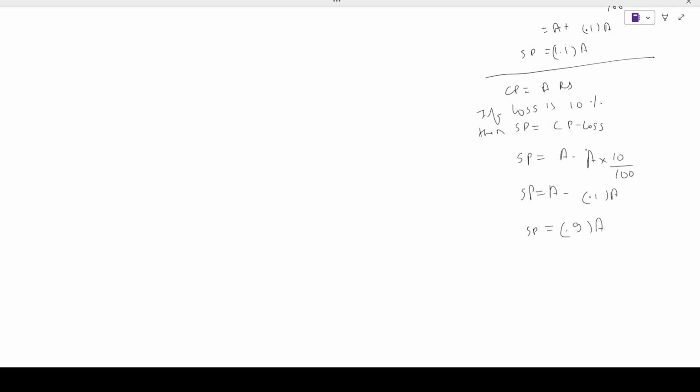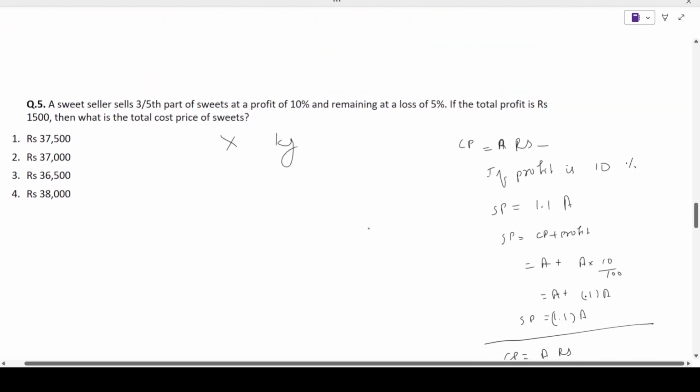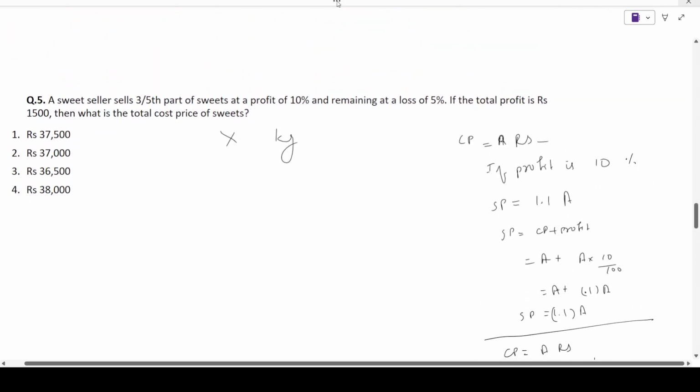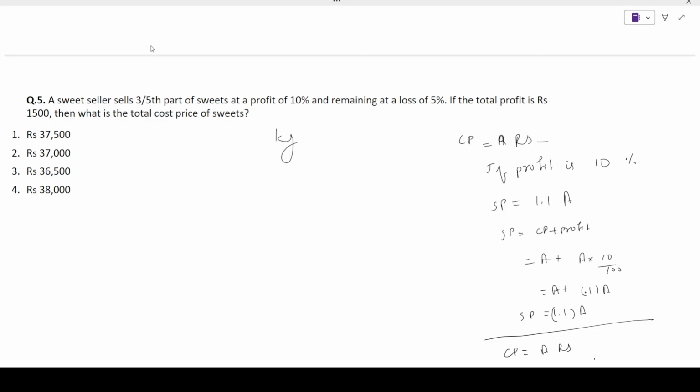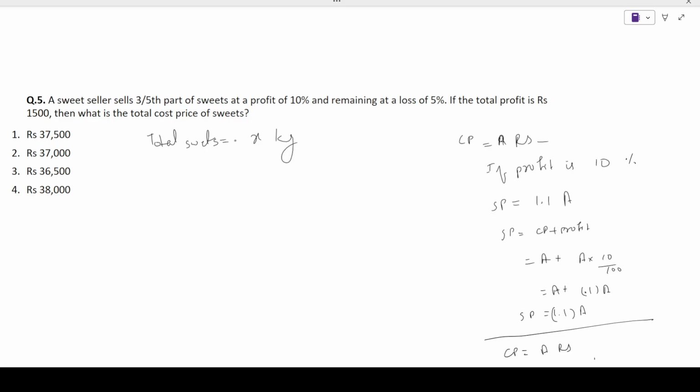Looking at the question, suppose we have x kg, let's write this small x. So we have x kg of sweets, total sweets is equal to x kg.